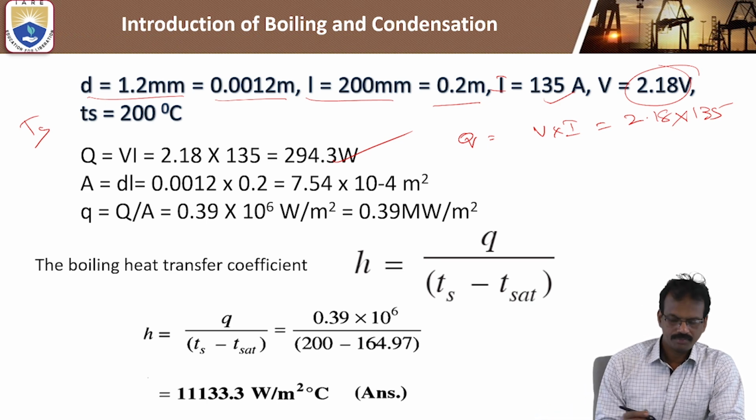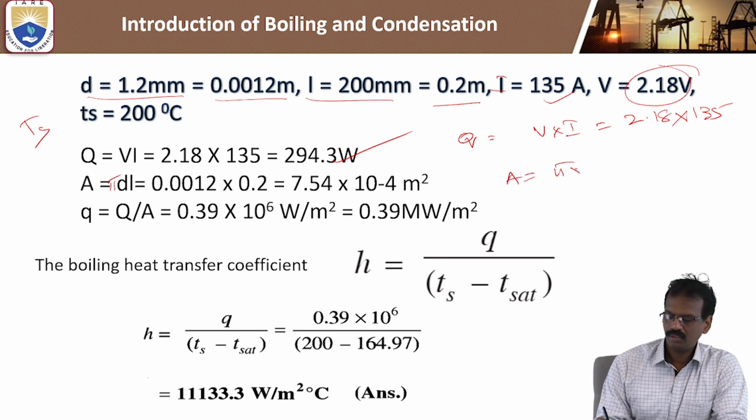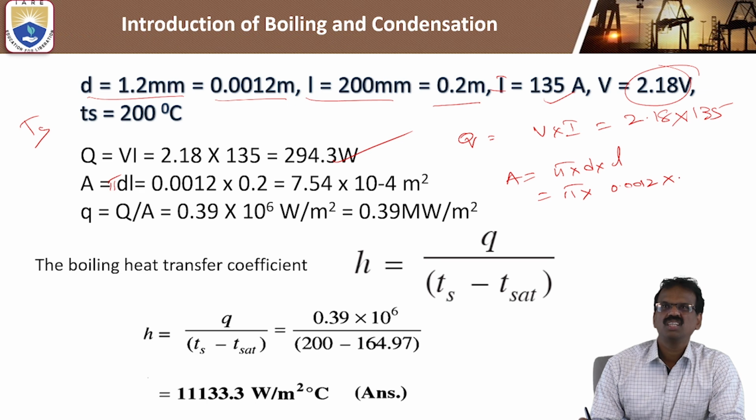So next the area. This is pi dl. Area is equal to pi into d, the d value is 0.0012, into length 0.2. Okay, so then area is equal to 7.54 into 10 to the power of minus 4 meters square. So this is the area.